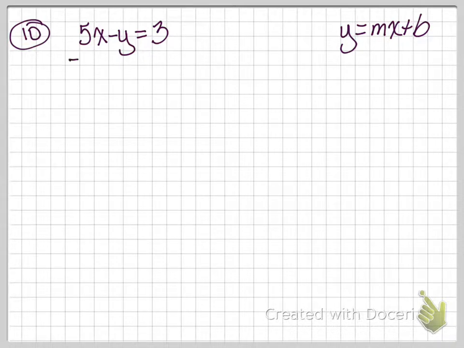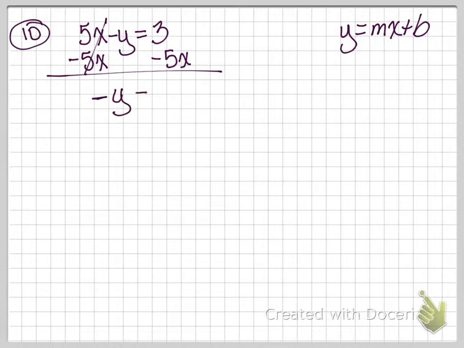So the first thing I'm going to do is subtract 5x from both sides. Now, you have to be careful because what's in front of that y? A negative. Okay, so that's negative y equals negative 5x plus 3. You can think of that negative y as negative 1y.